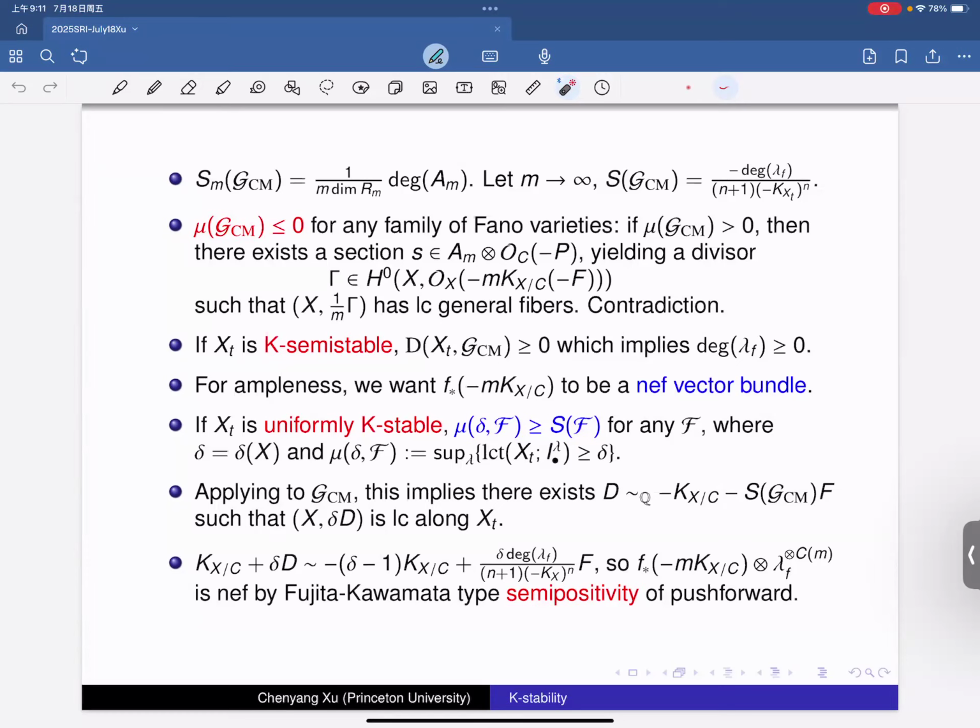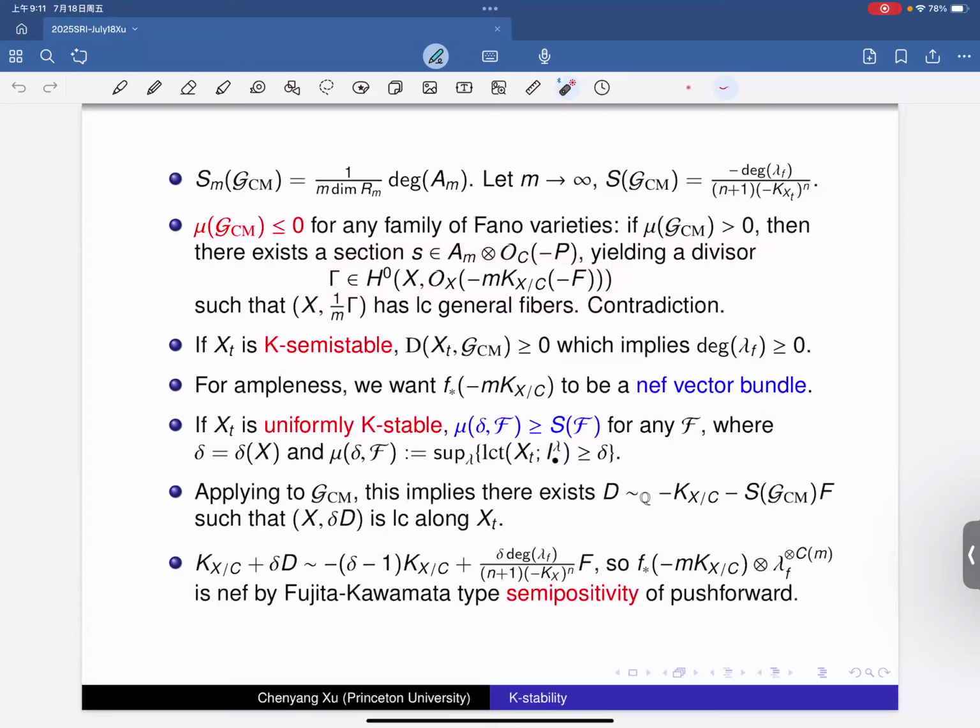The reason is that now I interpret this filtration as the second one. If mu is positive for m very large, I can find a gamma inside this, which is coming from the global restriction. That's my definition of the second filtration.